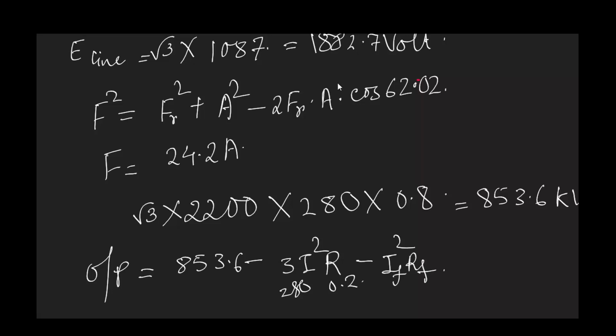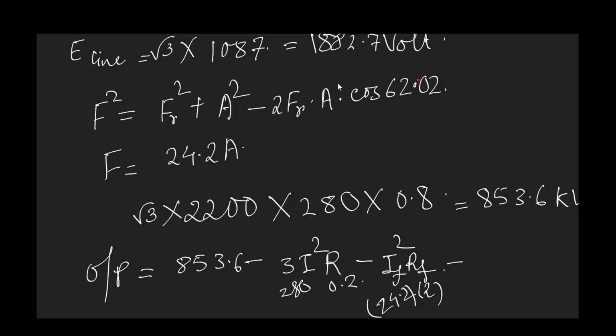So what is IF square? It is 24.2. What is your RF? They must have given RF somewhere. Yes, field resistance is 2 ohm. So RF is 2 ohm, right?